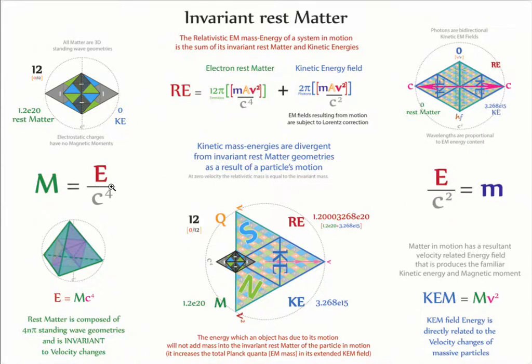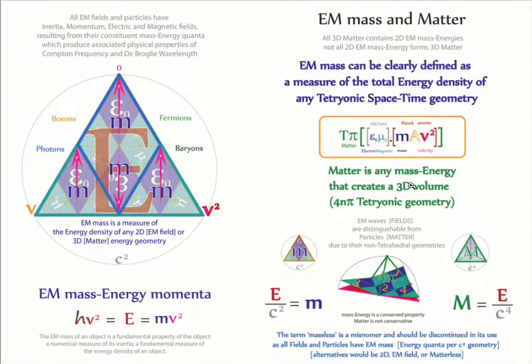Energy is the common form, as in equilateral energy geometry, square root being the momenta, energy momenta, quanta. Matter being the equilateral mass energy, equilateral energy momenta per second, per c squared. Matter being mass energy matter per c squared. There is a relationship between mass and matter of c squared, and we'll discuss this further on.